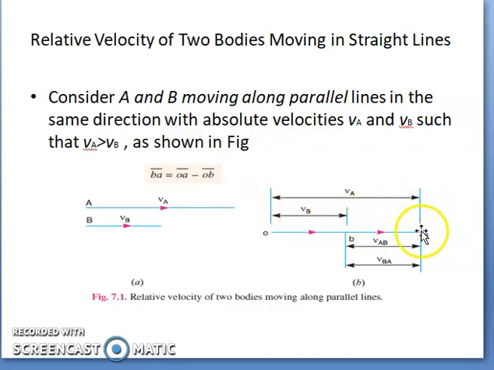That is, OA is the velocity of body A and OB is the velocity of body B. Then the velocity of body A with respect to body B is given by OA vector minus OB vector. And similarly, the velocity of body B with respect to A is given by OB vector minus OA vector.